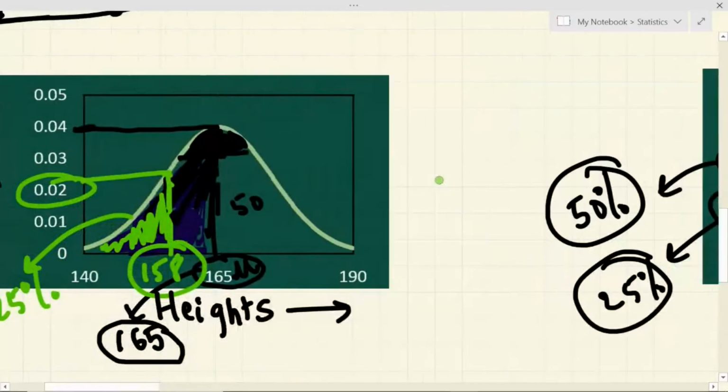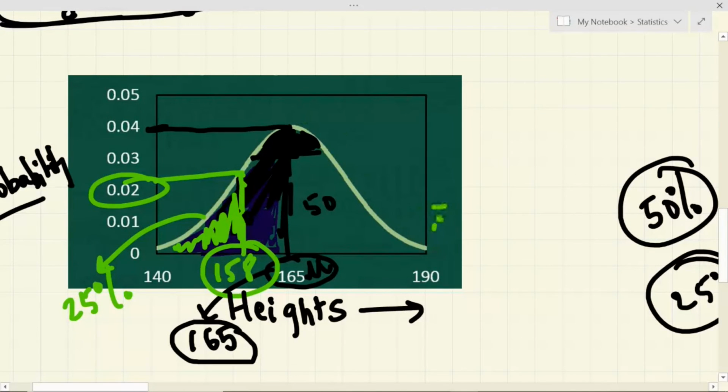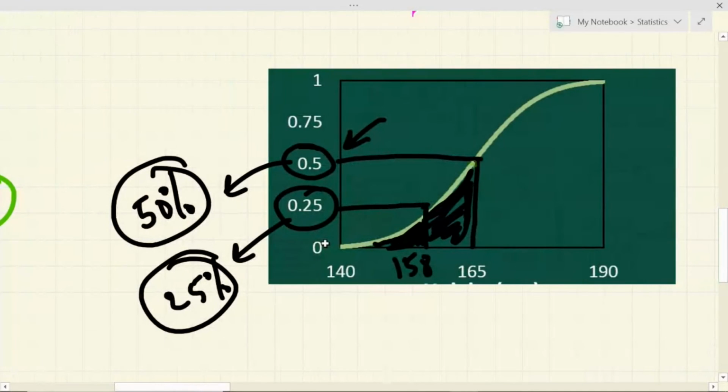When we cumulate the entire curve, we know that it's going to be one, when we add up everything. Even for the continuous variable, the cumulative distribution function is of course going to be one, because cumulation means we are adding the probability of everything, one by one, and the sum of the probabilities of all the outcomes is going to be one. So that is it. It has the outcome as one.